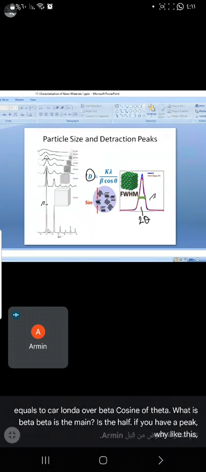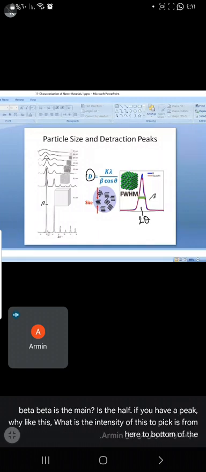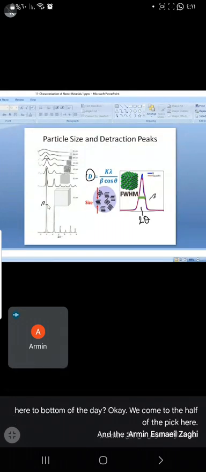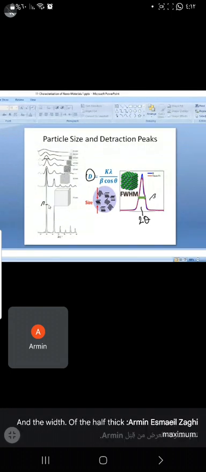If you have a peak like this, what is the intensity of it? The peak is from here to the bottom of the peak. We come to the half of the peak here, and the width of the peak at half maximum is called beta.